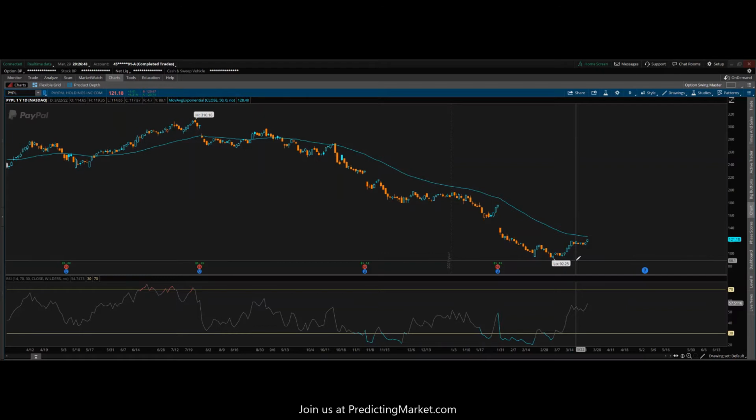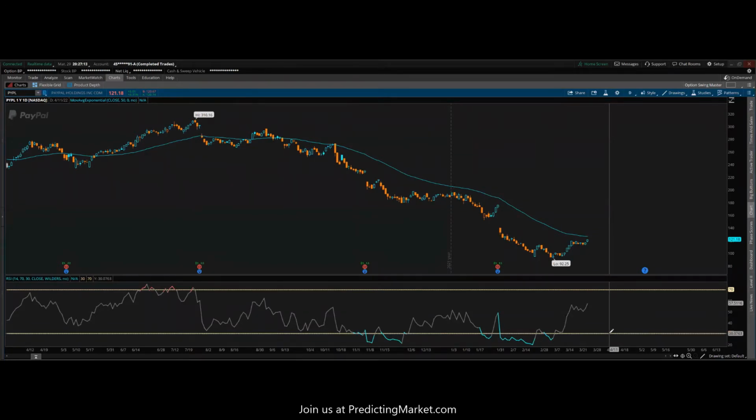By looking at RSI, you can say how much the stock is either overbought or oversold. Whenever a stock goes above the 70 level, we call it overbought, and whenever it goes below 30, we call it oversold.